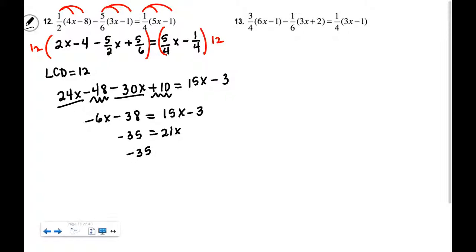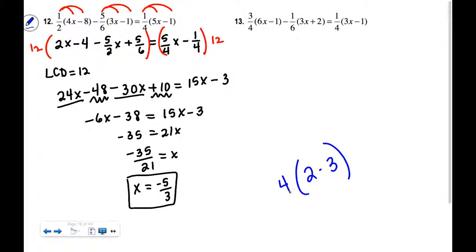So negative 35 over 21 is kind of our answer. They're both divisible by 7, though, so we get negative 5 over 3, exactly. So you can do the problem that way, and that's usually what most of my Algebra 2 students like. They like to distribute first and then clear. Or you could clear originally. But if you're clearing originally, remember that if you have, let's say, the numbers 2 times 3.